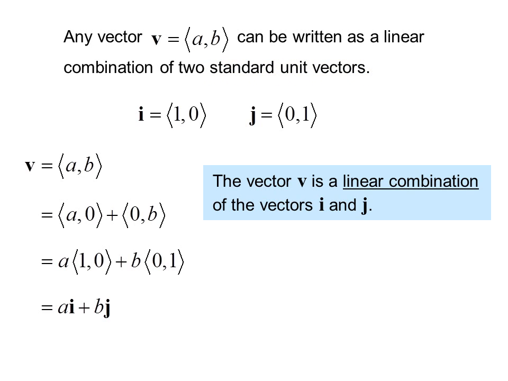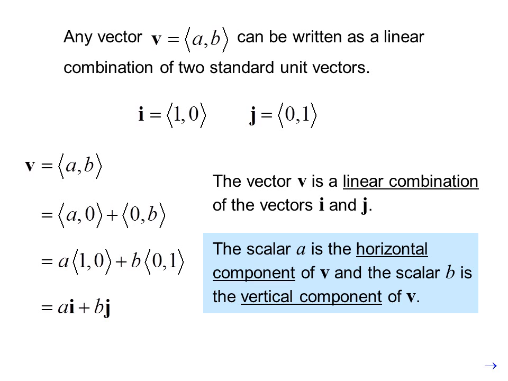The vector v is a linear combination of the vectors i and j. The scalar A is the horizontal component of v, and the scalar B is the vertical component of v.